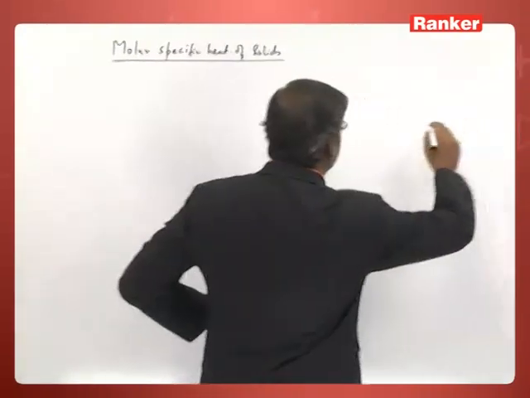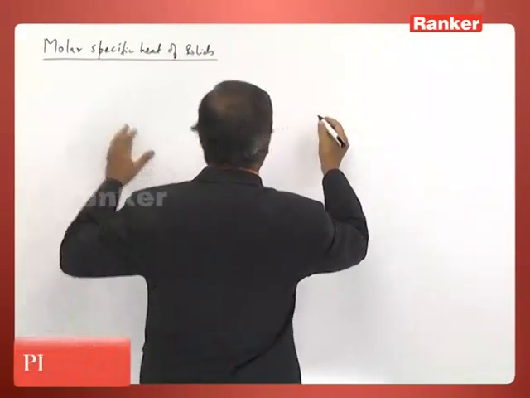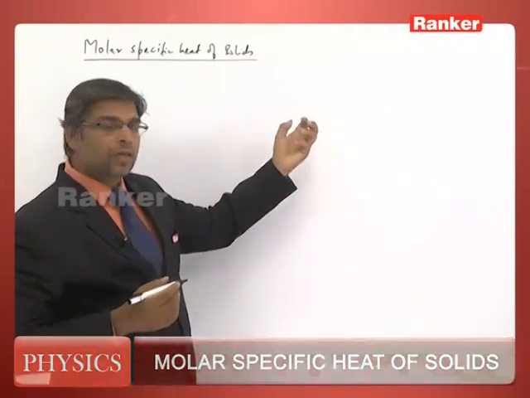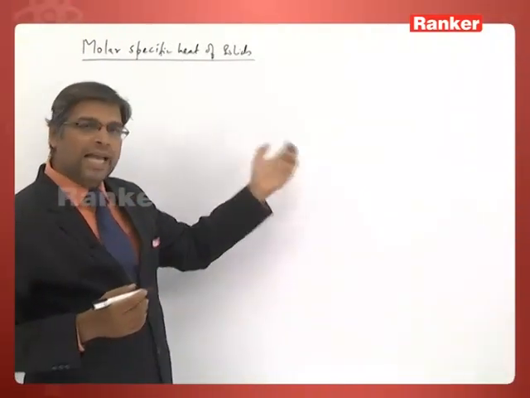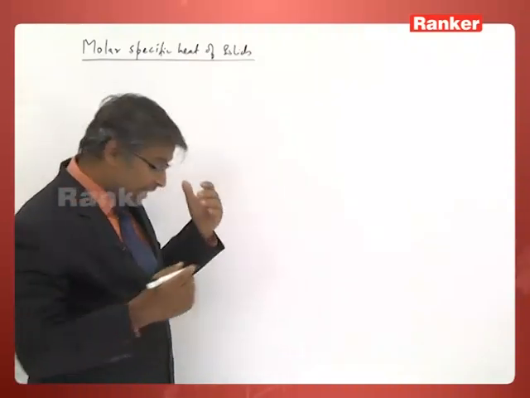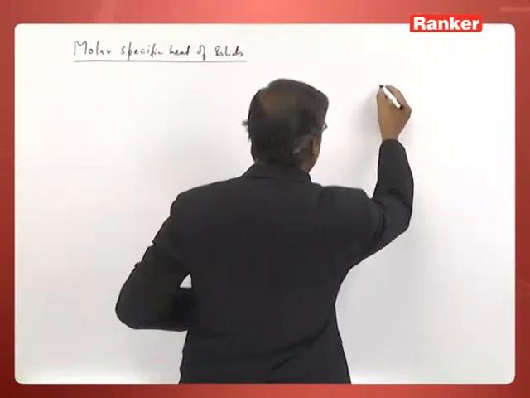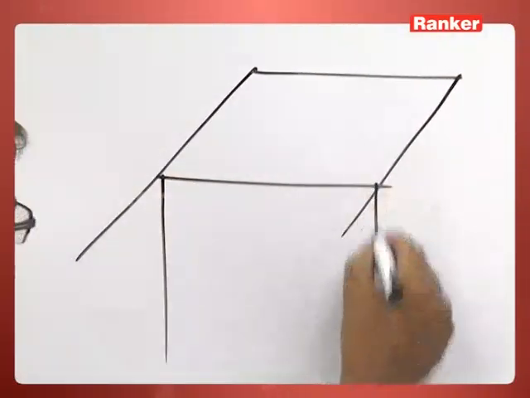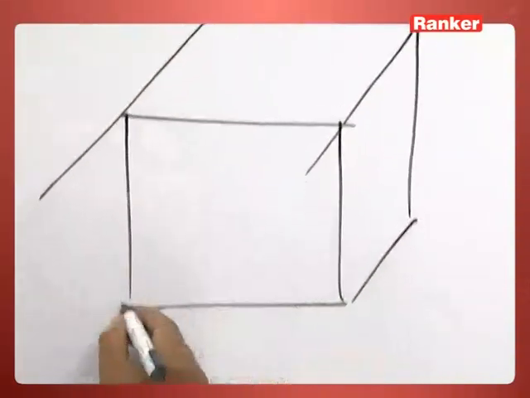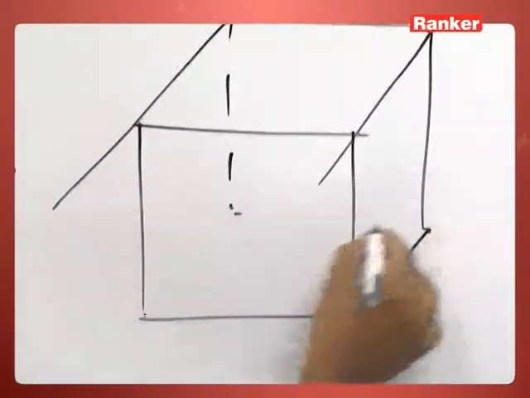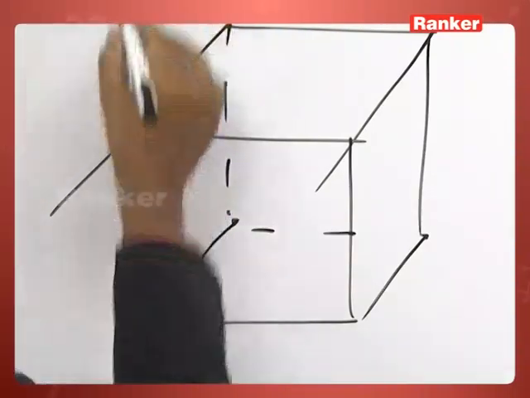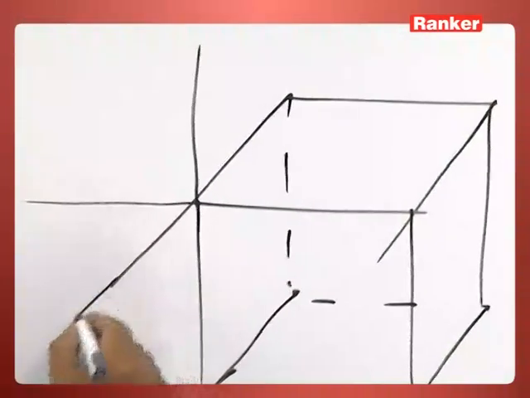Now in a lattice, let us see the energy of the atoms. In a gas they are free, but in a crystal lattice, suppose this is a cubic lattice system.